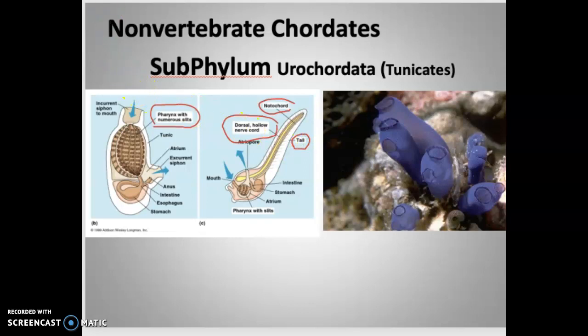They just don't go much further as they continue to develop into the adult form. This thing over here, these little tube things, these are adult tunicates or members of Urochordata. They're officially Chordata, but they don't have a lot of resemblance past the embryological stage with the rest of the phylum. So that's one kind of weird, goofy group we call non-vertebrate chordates.